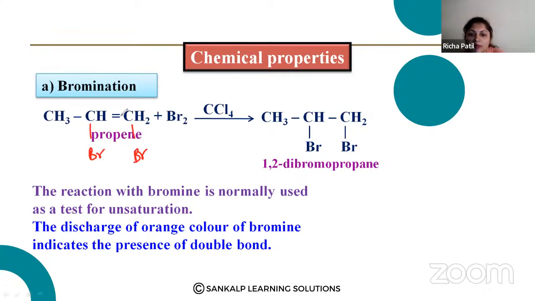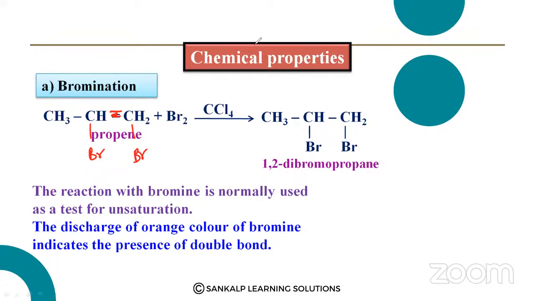So it is 1,2-dibromopropane. One of the bonds of the double bond breaks, and across it Br gets added. So this is bromination. This test is normally used as a test for unsaturation.